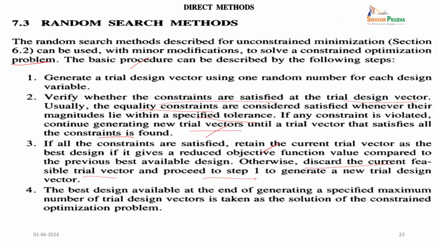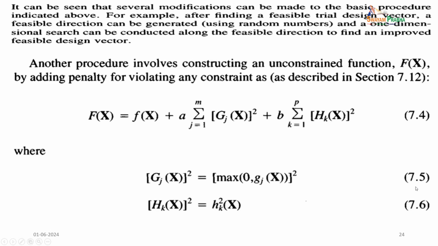Fourth, the best design available at the end of generating a specified maximum number of trial design vectors is taken as the solution of the constrained optimization problem. It can be seen that several modifications can be made to the basic procedure indicated above.